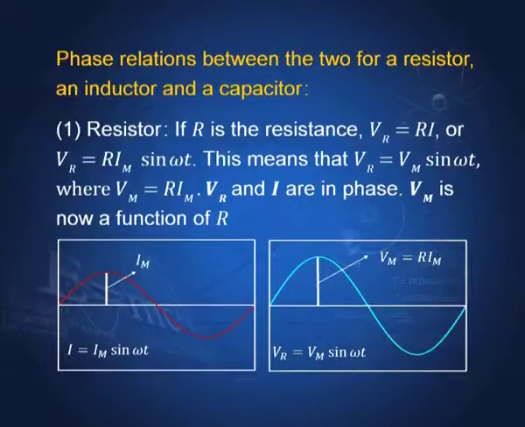If R is the resistance, then the voltage across the resistor is R I, or R times I m sin omega t, because I is I m sin omega t. This means that V r is also R times I. So, it is V m sin omega t, where V m now is R times I m, and since this is sin omega t, this is also sin omega t, they are in phase.